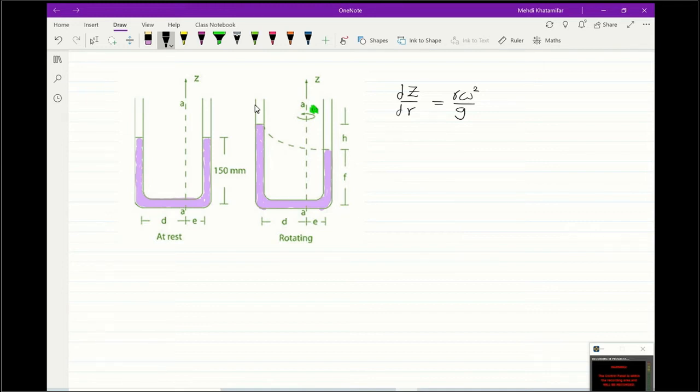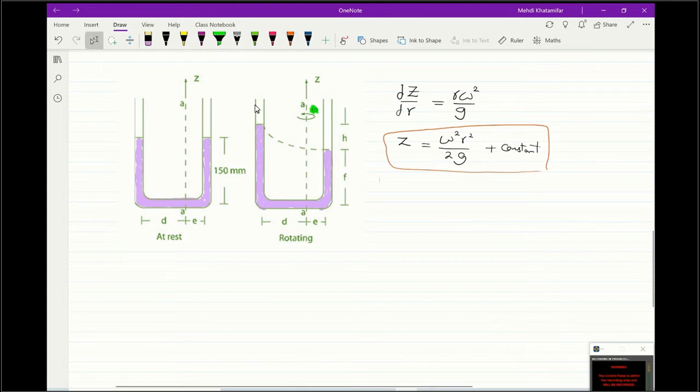We integrated this formula and we got z equals omega squared r squared divided by 2g plus a constant. So we need to use this formula to find omega.